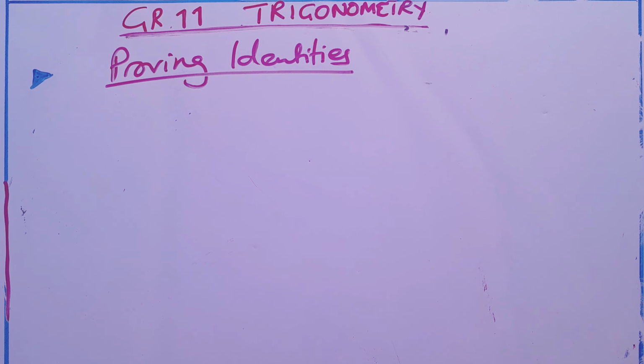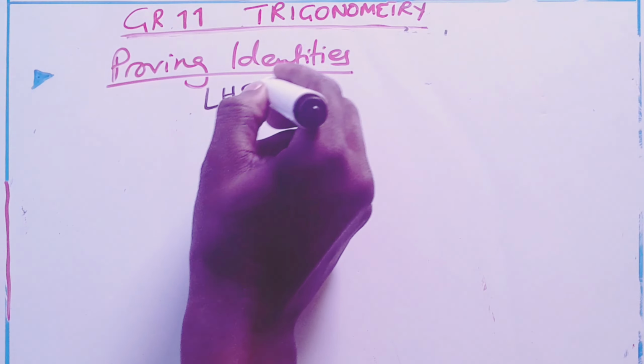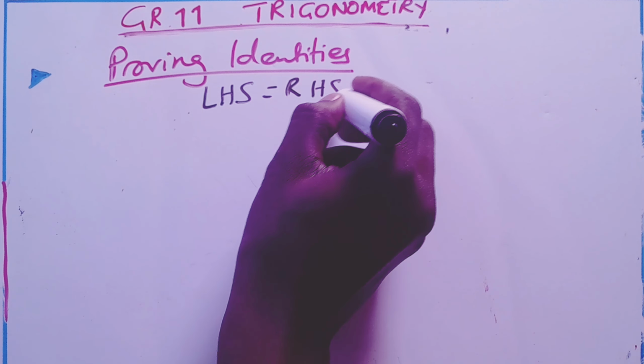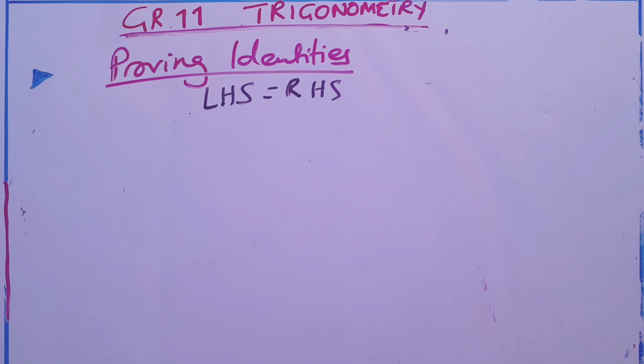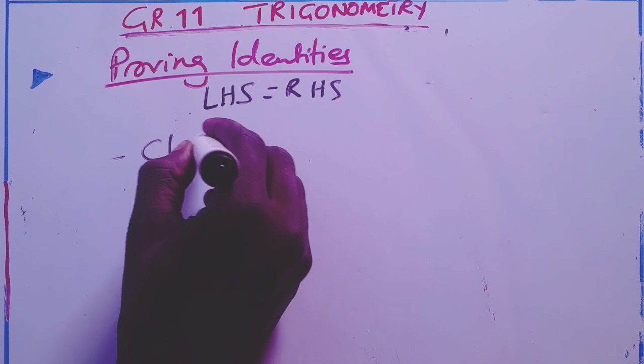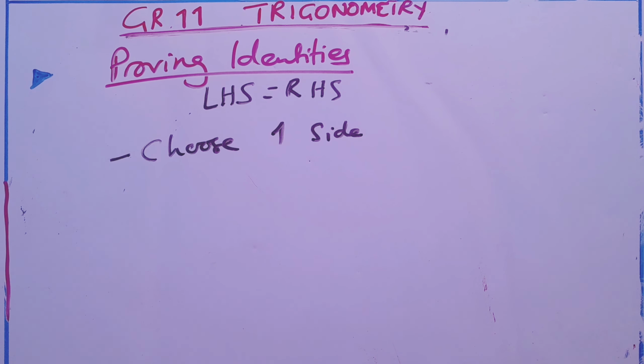So now, after learning how to use the identities, proving the identities becomes easy. So what do you do when you are proving the identities? When you are proving the identities, mostly you want to prove that your left hand side and your right hand side are equal, right? So your first step is to choose one side to prove, right?